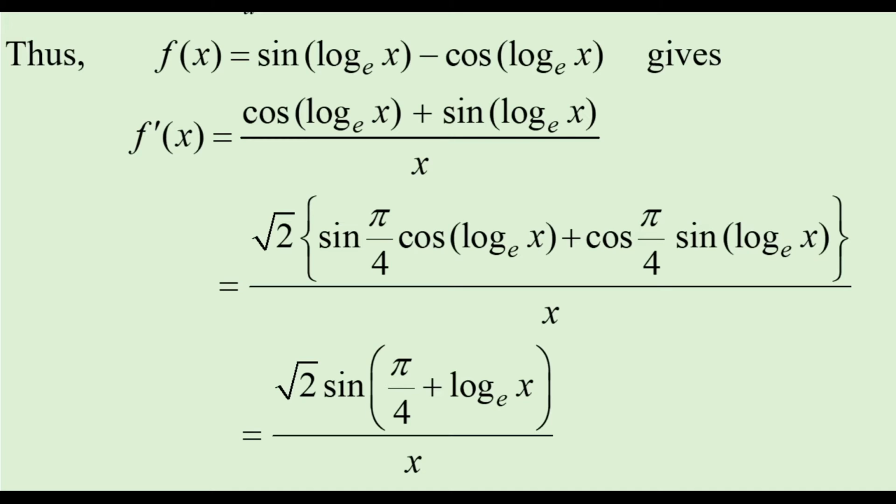Now we use the trigonometric identity that sin a cos b plus cos a sin b is equal to sin of a plus b, and we get f prime of x is equal to root 2 sin of pi by 4 plus log x, all divided by x.